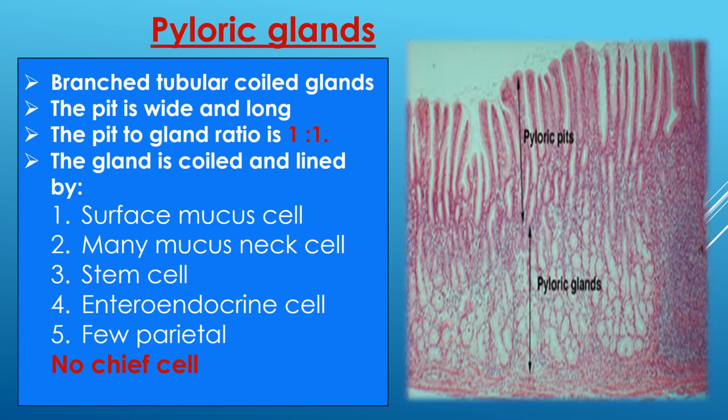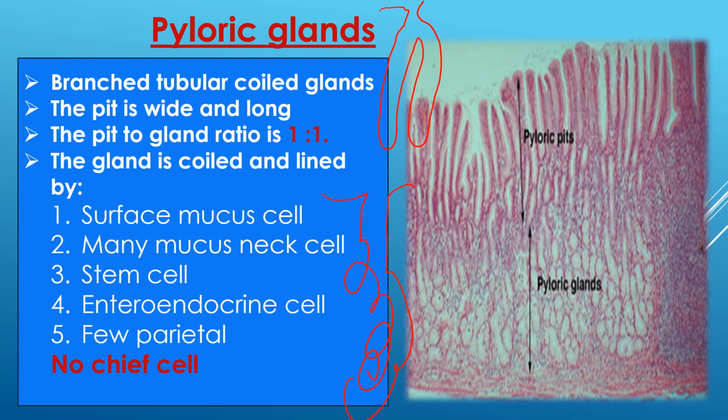What is a pyloric gland? Is it a simple tubular branched? Can you remember the fundic gland? It was like that. Simple columnar epithelium goes down and makes invagination and forms a tube like that. Here, this is not as simple as that. It is simple columnar epithelium going down and not becoming branched, it becomes coiled.